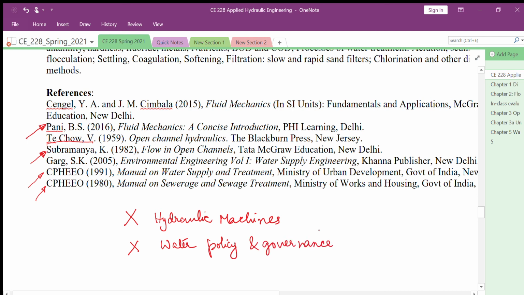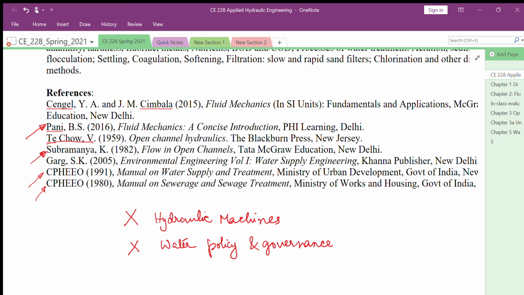You may actually find these courses being taught in a humanities and social sciences department, perhaps. Unfortunately, in civil engineering, at least for this course, it's quite out of scope to discuss these policies and governance issues. And one aspect which I wish would be incorporated in future is some inclusion of these social sciences perspectives.